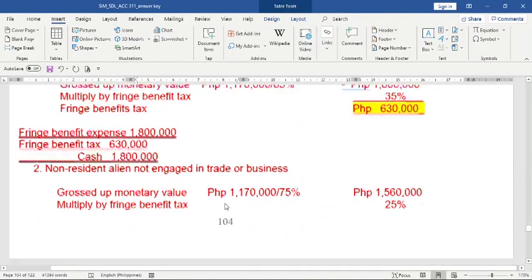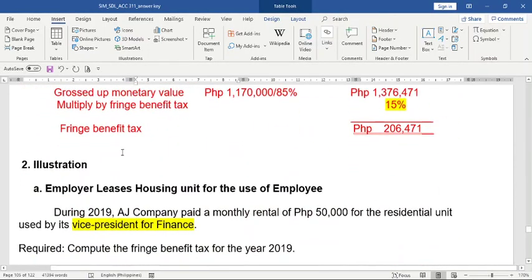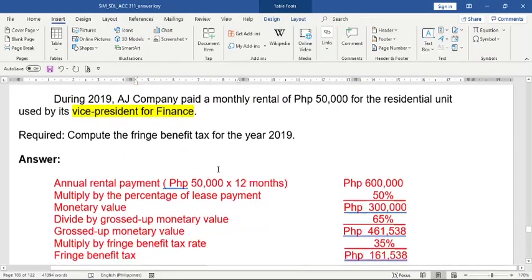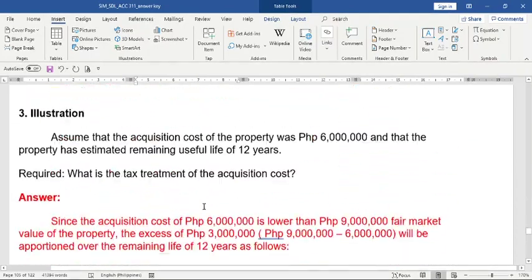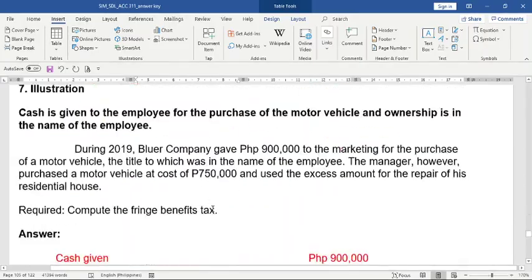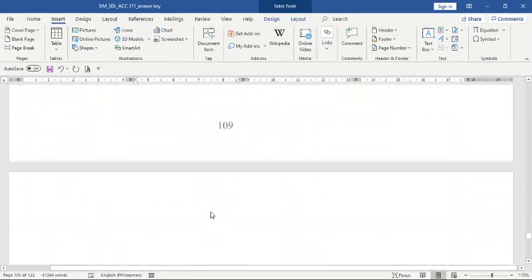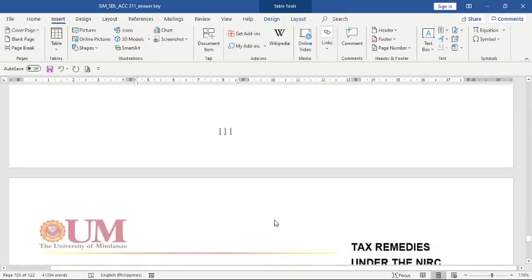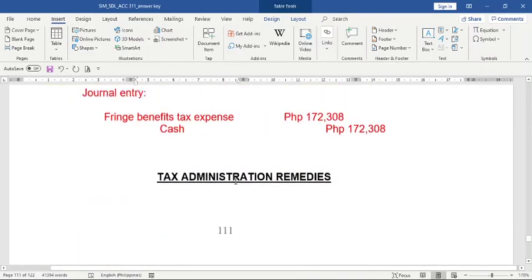We compute again it. Compute how much is the fringe benefit tax, how much is the fringe benefit expense. Okay, that's all, no? So, the next topic natin would be here, the tax administration remedy.